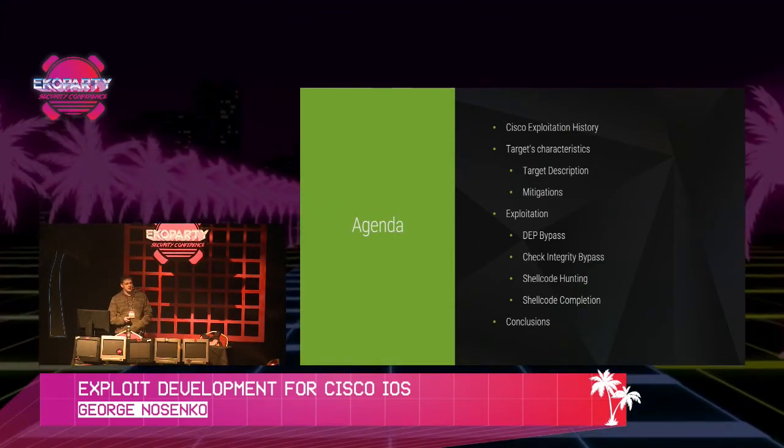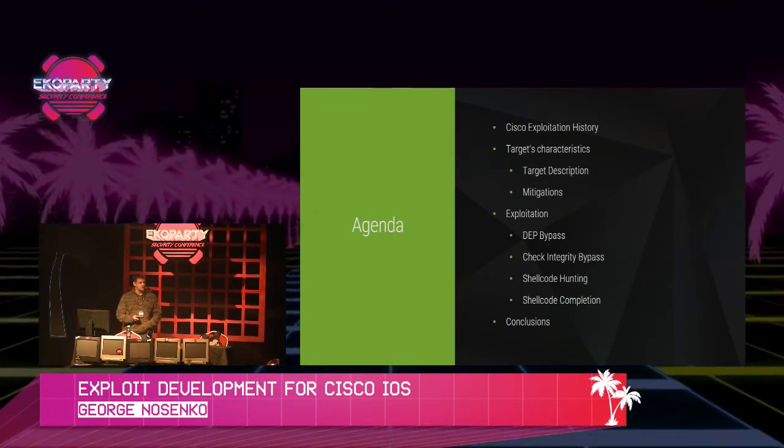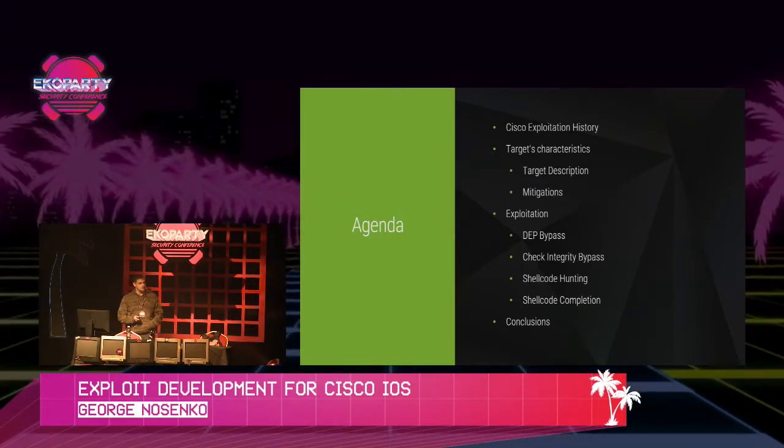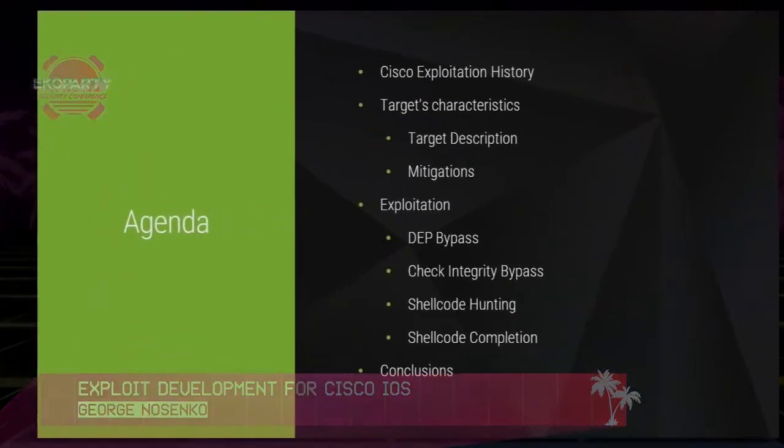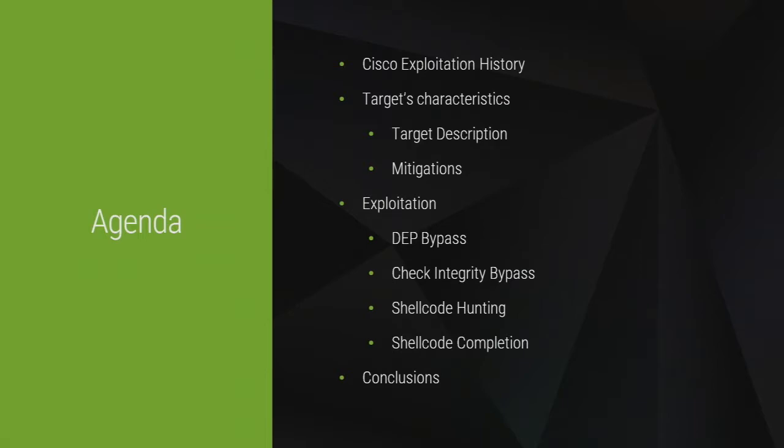I'm going to describe the steps to execute arbitrary code in Cisco IOS according to all the relevant mitigations at the given moment. These steps reflect both our own experience of Cisco exploitation and the experience of other researchers.